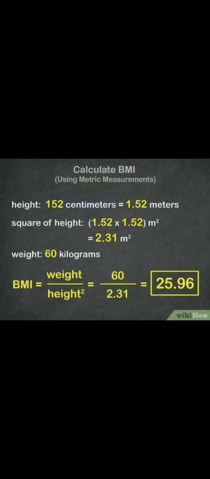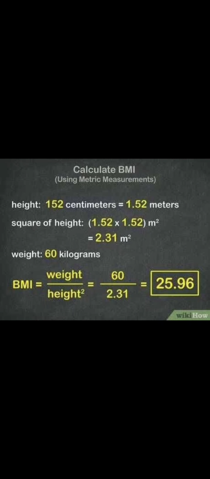So in this example, a person's height is 152 centimeters, and for the BMI calculation we have to convert from centimeters to meters. So 152 centimeters is 1.52 meters. And next you can see the weight of the person, that is 60 kg. You should know the formula of BMI, that is weight divided by height in square meters.